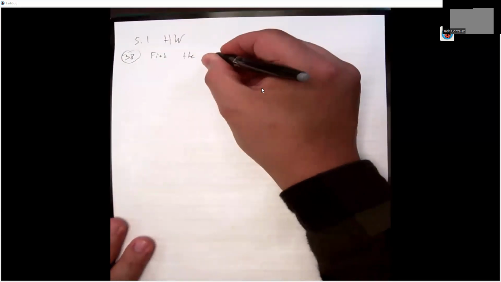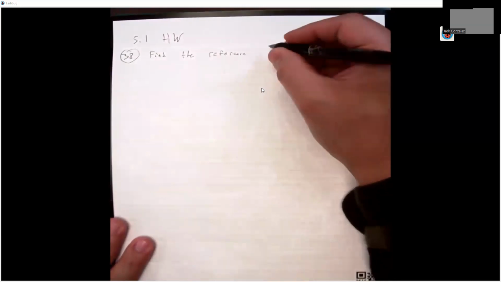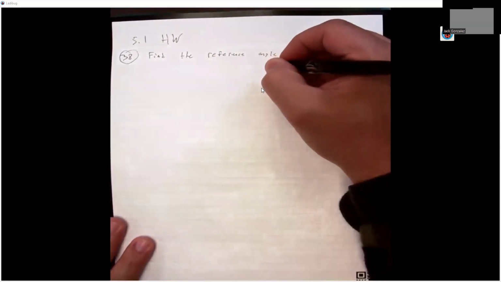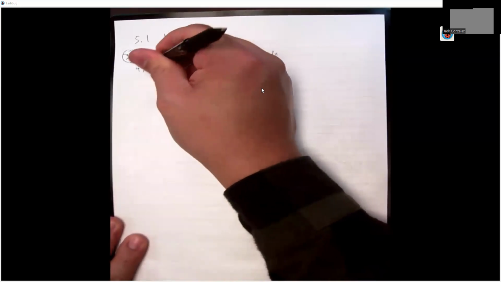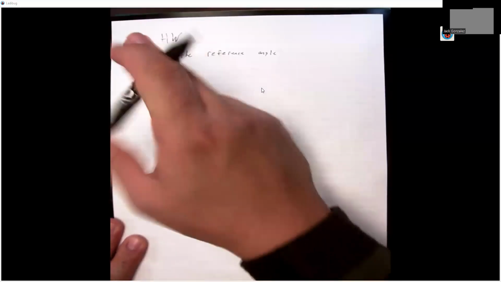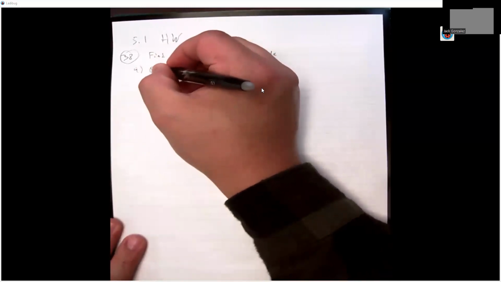Find the reference... They call it number, but it's really an angle. For A, they give us an angle. Usually they use the notation theta. That's an ugly theta. Lowercase theta.